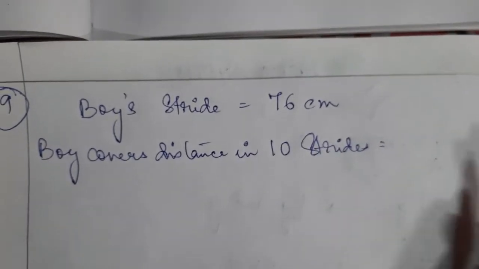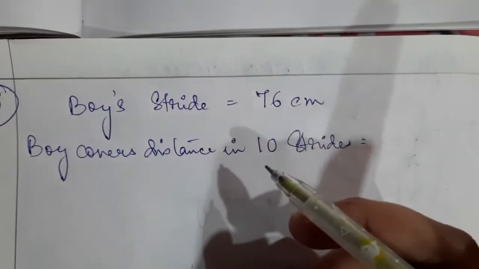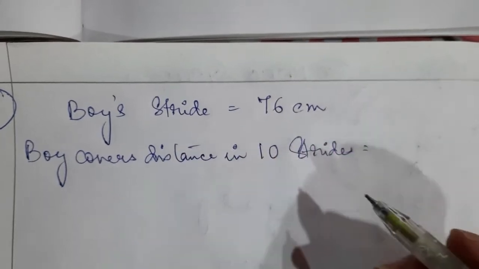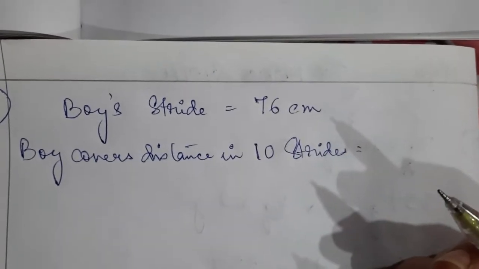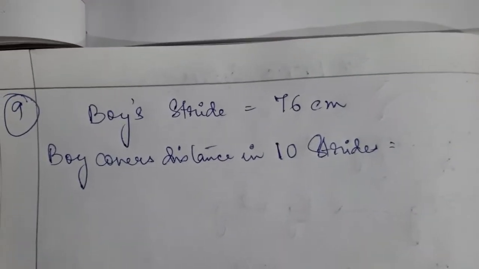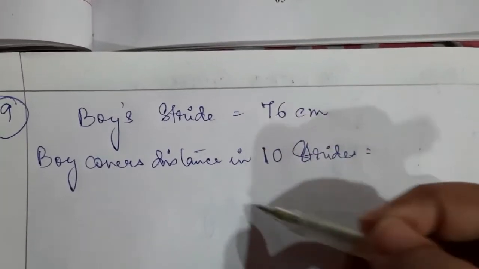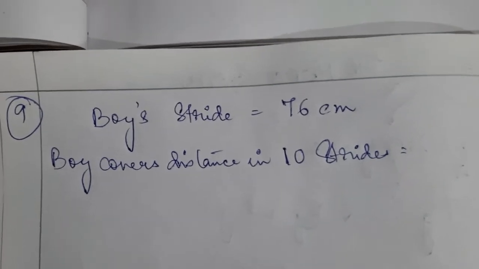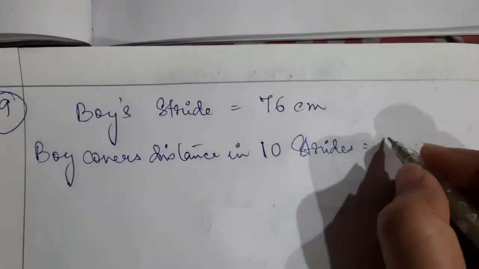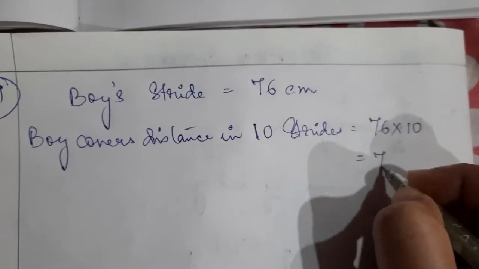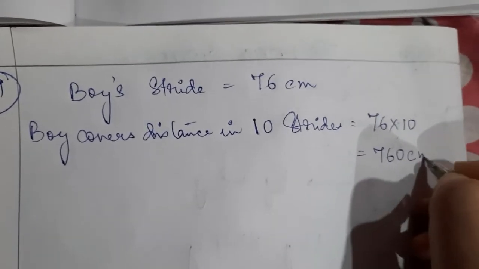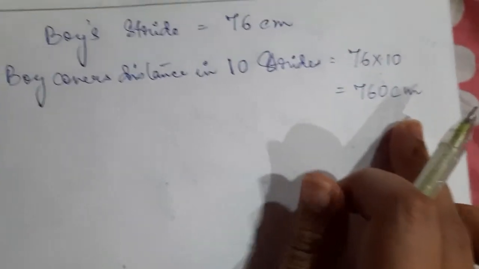Yes, we are going to multiply, isn't it? If a boy's one stride is 76 centimeters, then if he takes 10 strides, how much distance will he cover? Naturally, he will cover more distance, and in order to find out how much, we have to multiply. 76 into 10 becomes 760 centimeter.